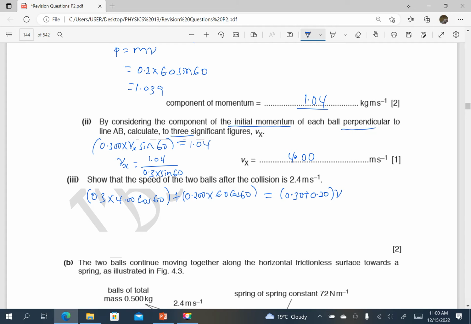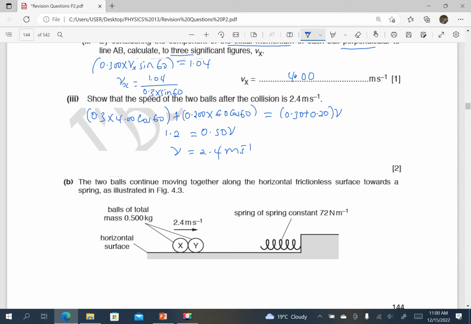So I have that 1.2 on the left equals 0.50 times v. So 1.2 divided by 0.5. That means v is equal to 2.4 meters per second, as required. So that is the speed.